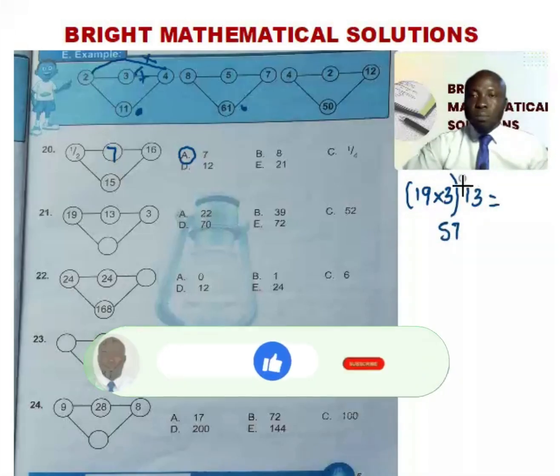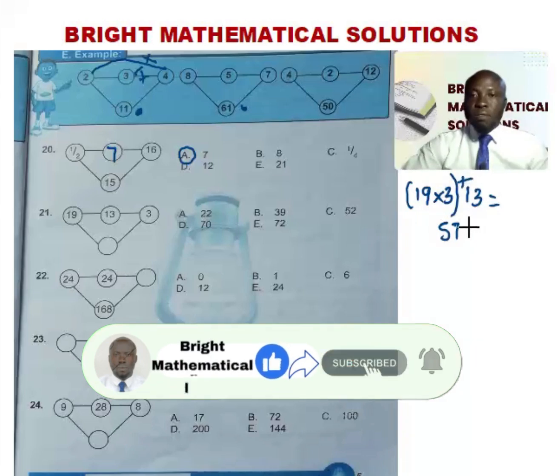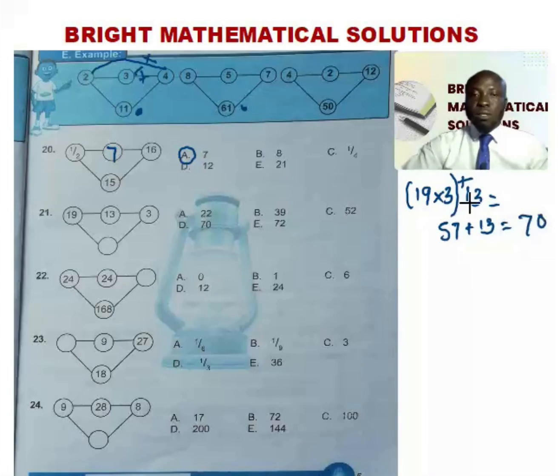Oh sorry, there is an addition sign here. 57 plus 13 gives us 70. So what we have here is 70. The answer is D.